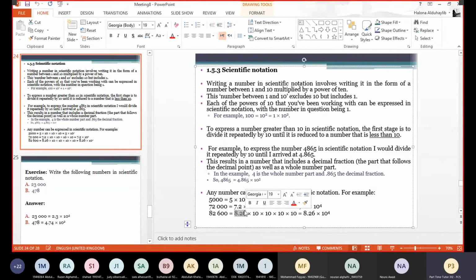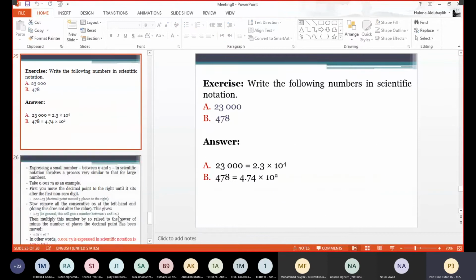We got 2 decimal digits here, and also 2 zeros from the real number, so we add them as 10 multiplied by 10 for the 2 and 6, and 2 multiplied by 10 for the 2 zeros. By the end, we will get 8.26 multiplied by 10 to the power of 4.